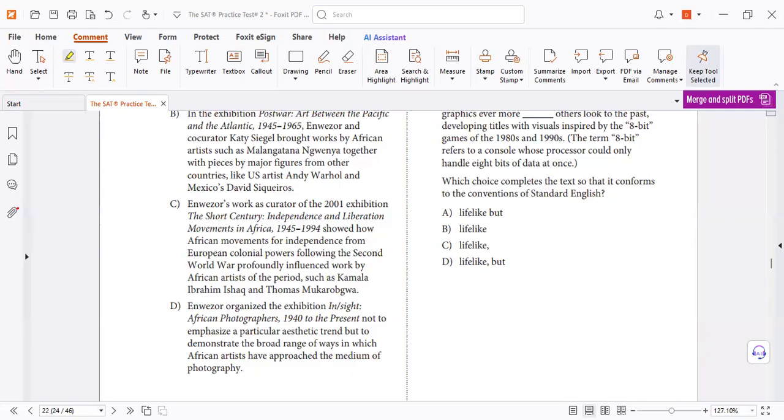Letter B, I mean C. Letter B is correct.